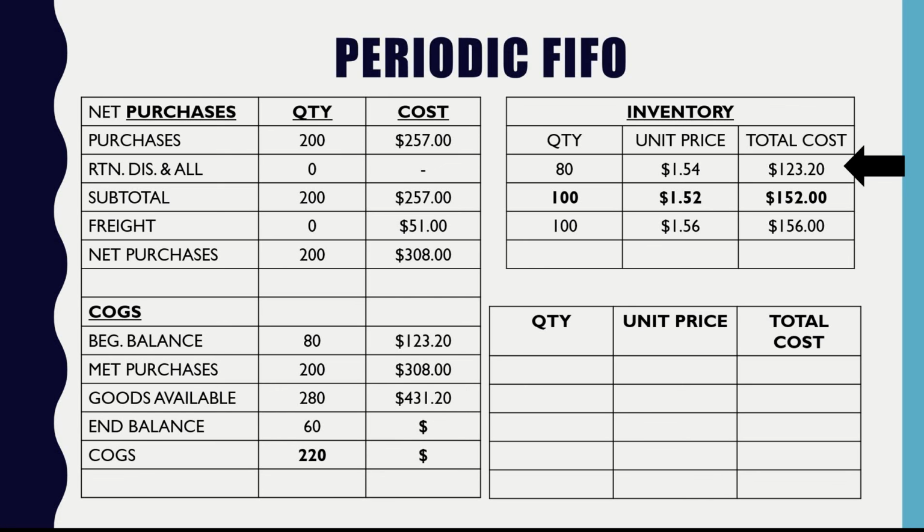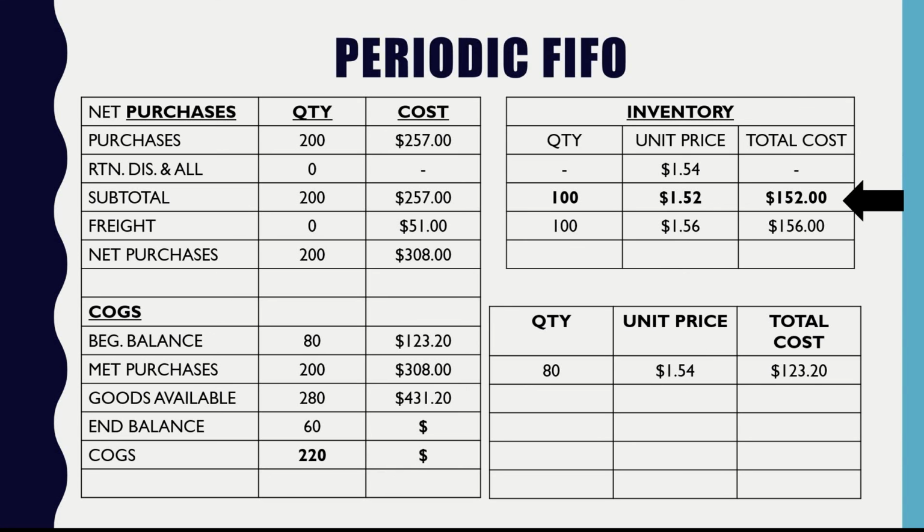Since I'm going to be getting rid of that whole 80 batch, we're going to calculate it right here. And we know it's going to give me a grand total of 123.20 because we're getting rid of all 80 items. You could do 80 times the 154 and you'll still get the same answer.